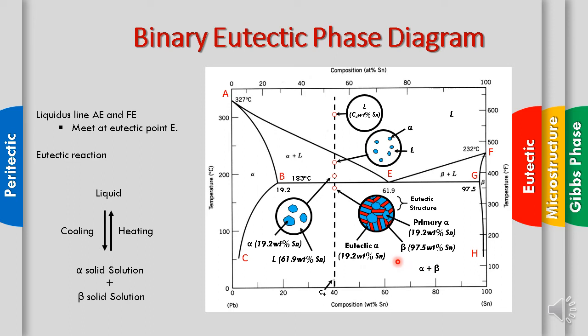Or the other way around, when we heat this composition of 61.9 weight percent tin and increase the temperature, it will transform to liquid, by using this reaction.